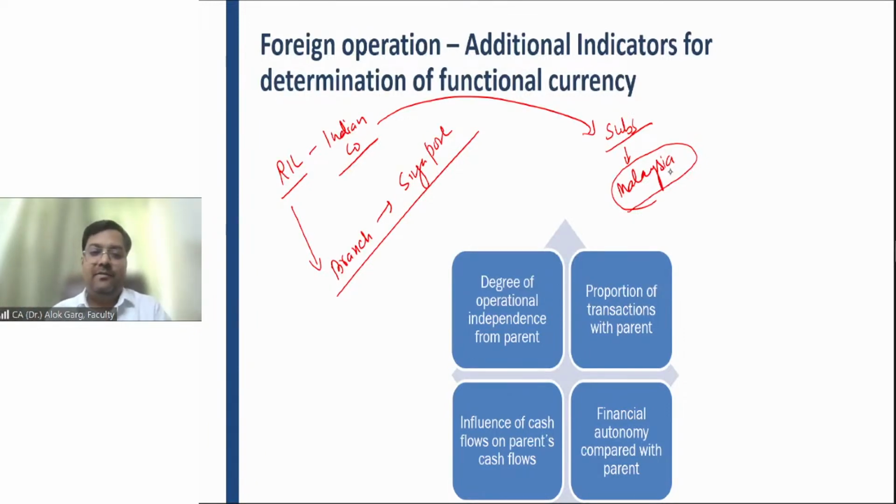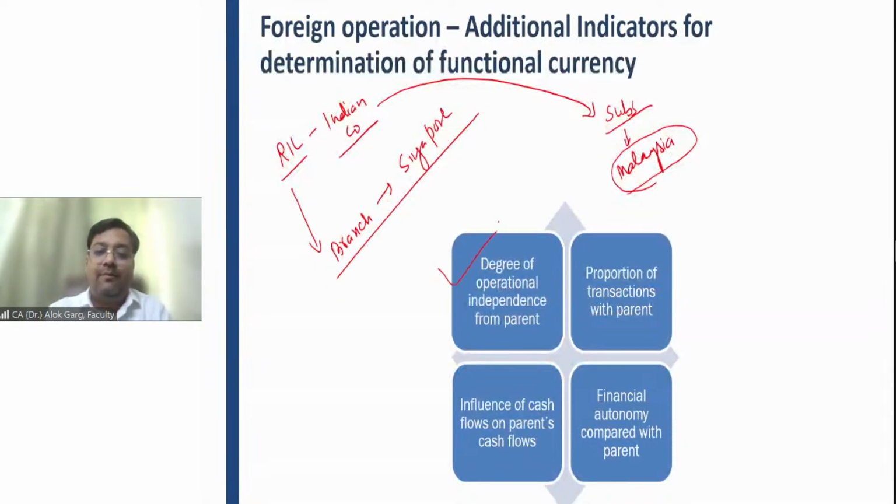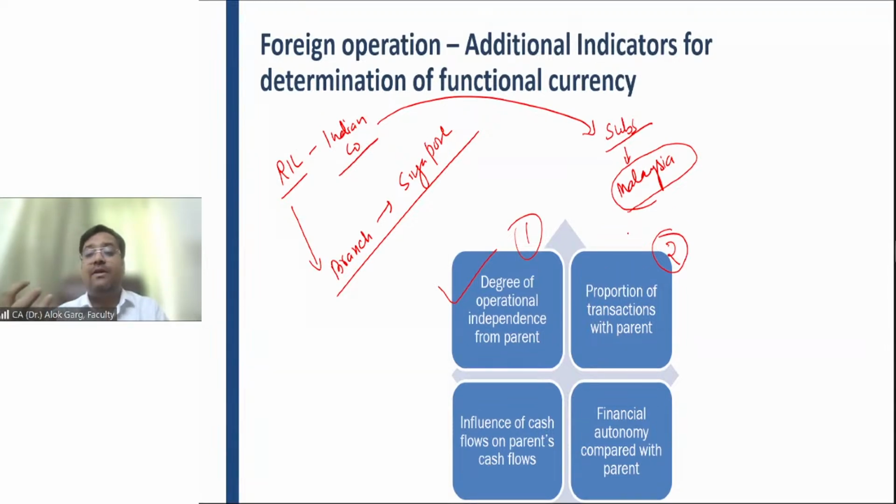Second, the proportion of transactions with the parent: whether this foreign operation has a majority of its operations from the parent or from different entities, right? You need to look at what is the proportion of transactions with the reporting entity. Is it high? Is it low?